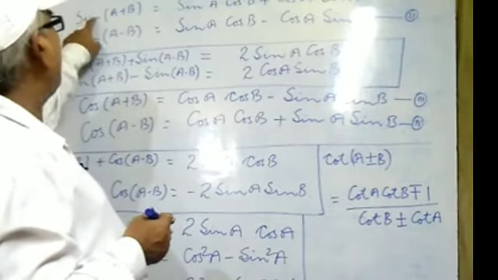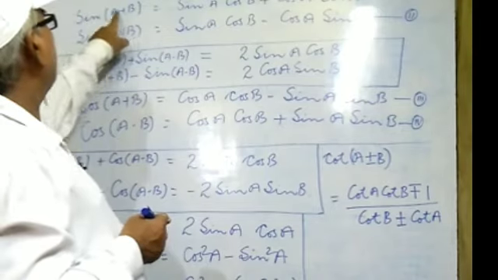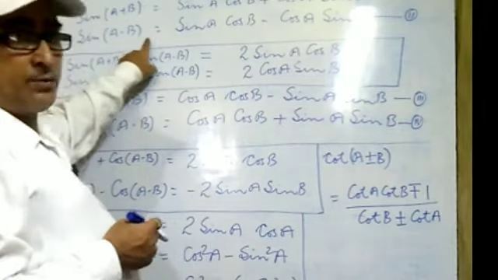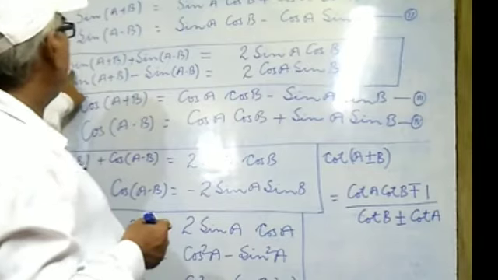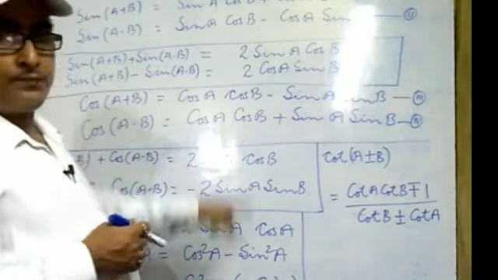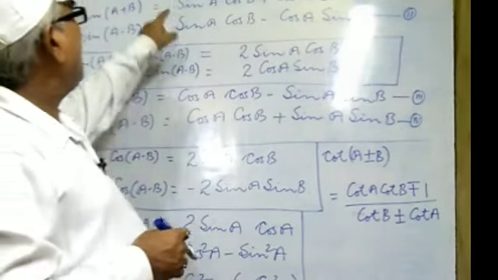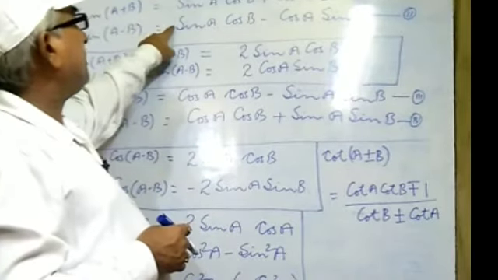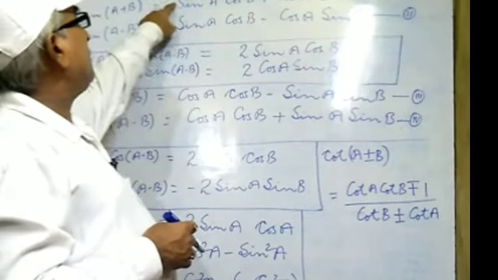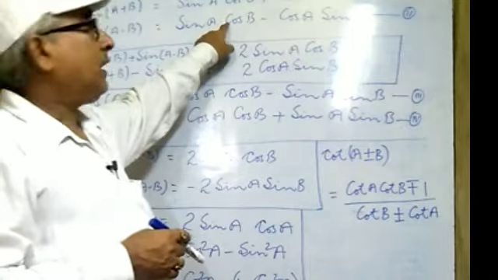After adding 1 and 2, the left hand side is sin(A plus B) plus sin(A minus B). On the right, if both are added, the same thing here, same thing here, it will be 2 sin A cos B, and the other term will be cancelled.